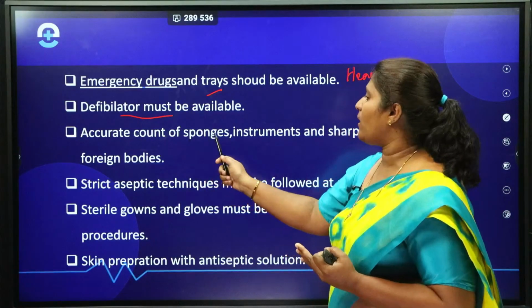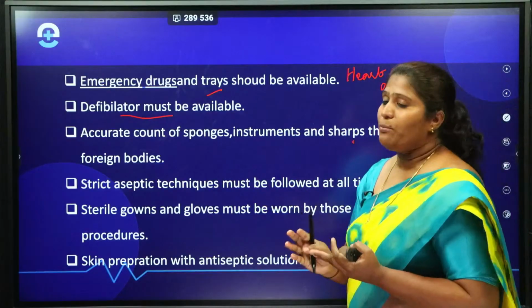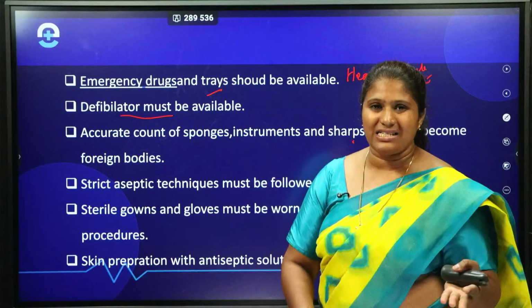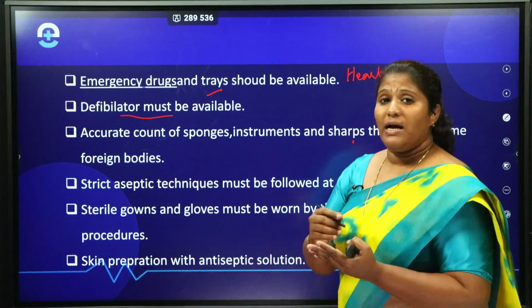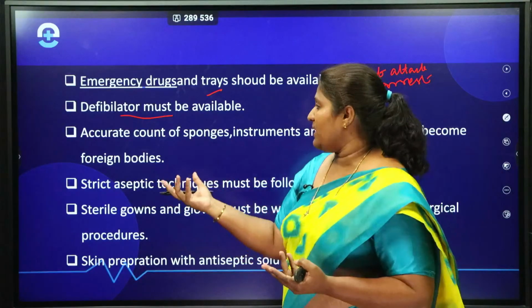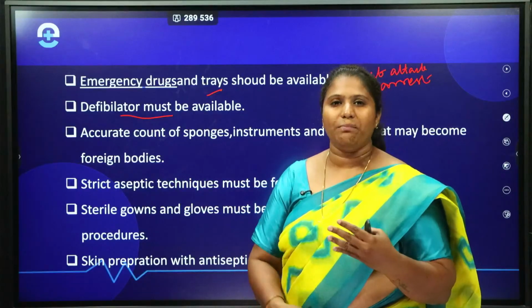Then accurate count of sponges, instruments and sharps, which may otherwise become foreign bodies. During the surgery, the scrub nurses have to explain how much cloth and how many sponges there will be, because during surgery we need to wipe the blood.